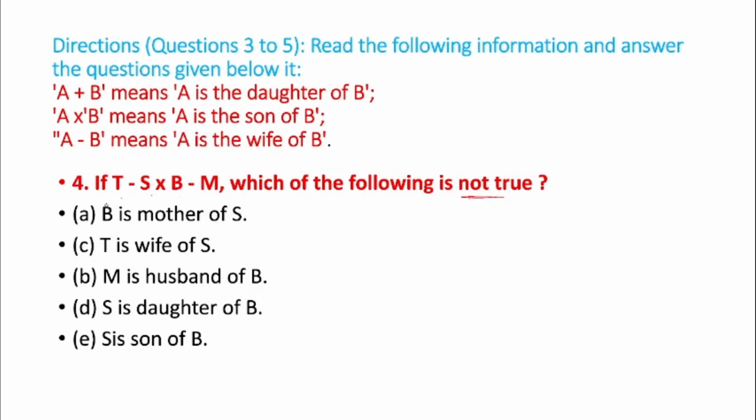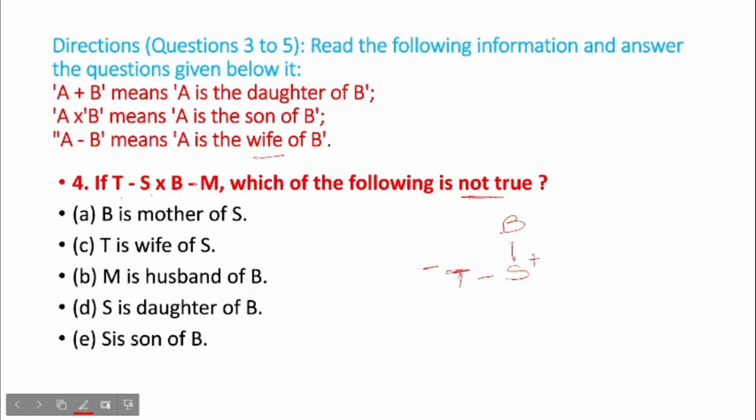Let's start with T minus S. Minus means wife. So T is wife of S. S into B means S is son of B. S is son of B.